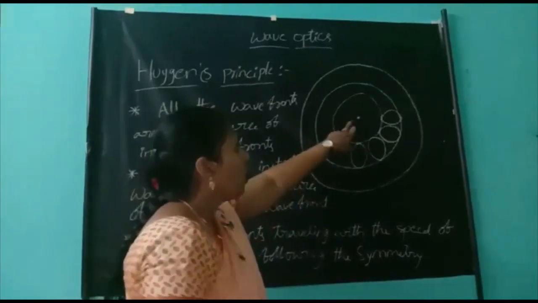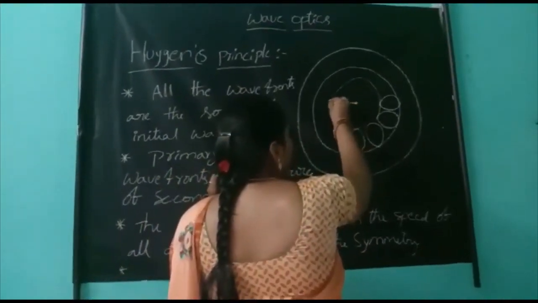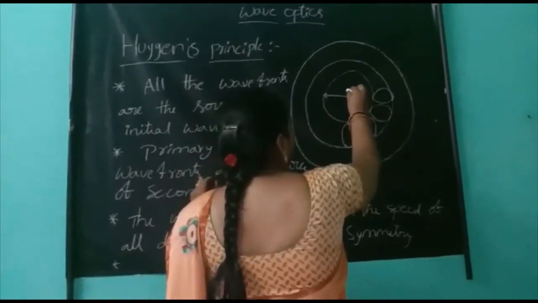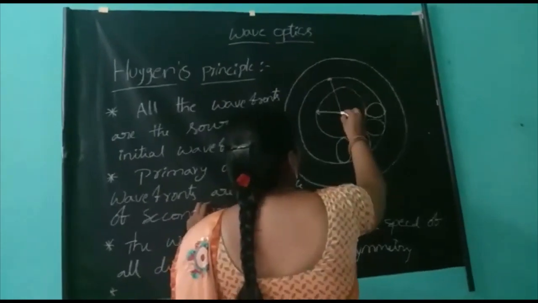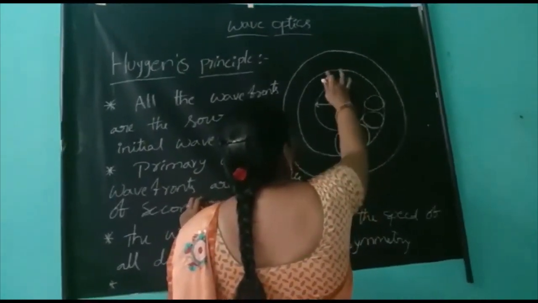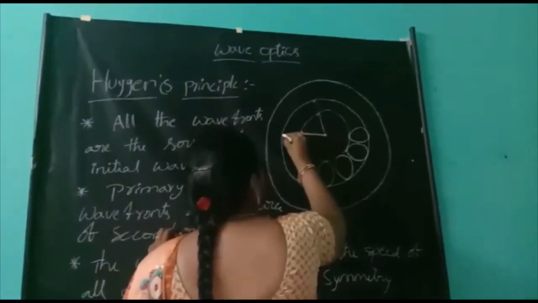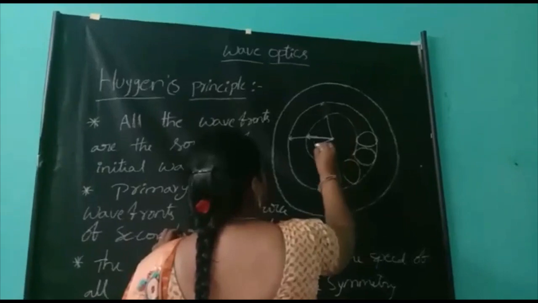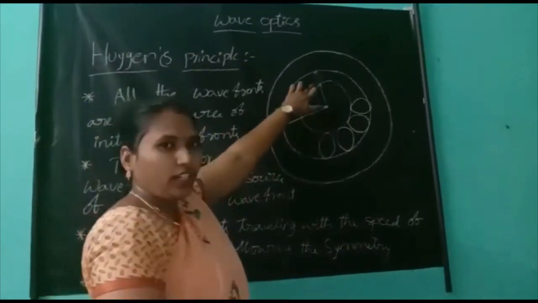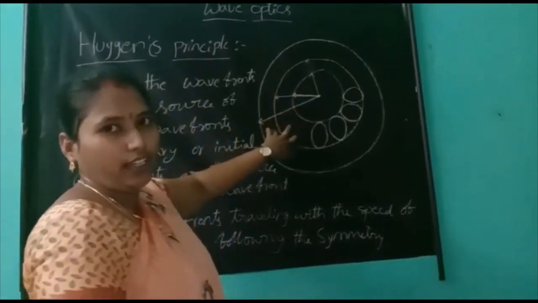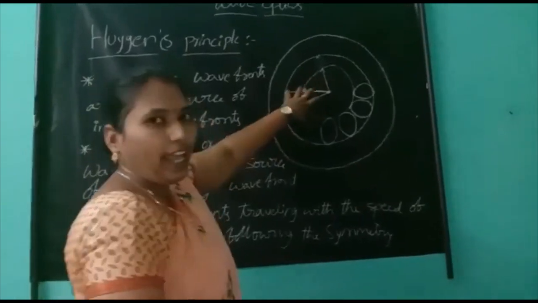Tangential means touching, and propagation is towards the end. This arrow indicates tangential.